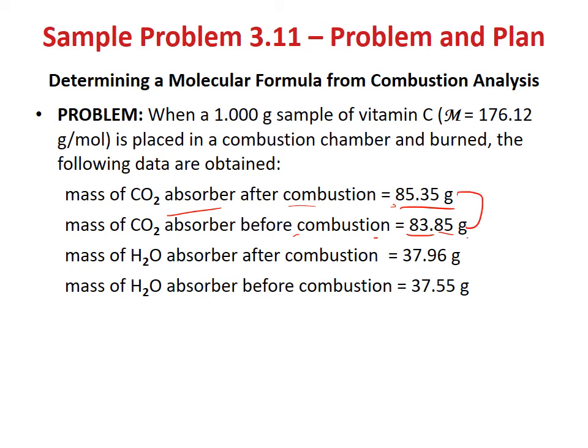So this difference must come from the combustion reaction. And the mass of water absorbed after combustion is 37.96 grams, and the mass of water absorbed before combustion equals 37.55 grams, and the difference is the water produced in the combustion chamber.